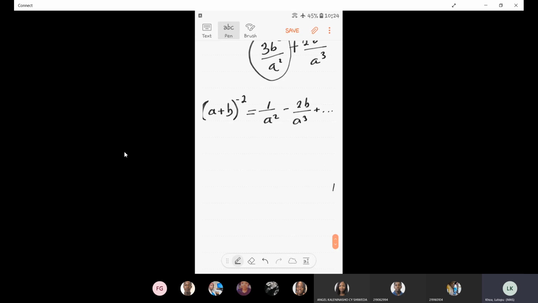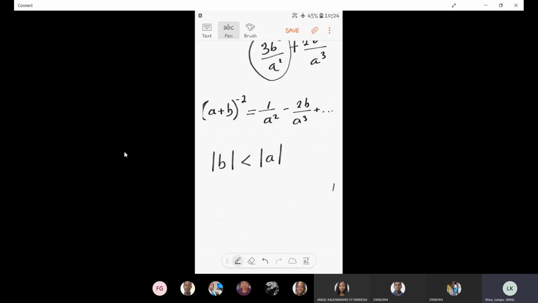Now this expansion, it has a restriction in that we need the absolute value of b to be less than the absolute value of a. Okay, so when your exponent is not a positive integer, or it's not 0, anything to the power of 0 is just equal to 1, then there are some restrictions that we will apply, and we'll see how to do those ones.